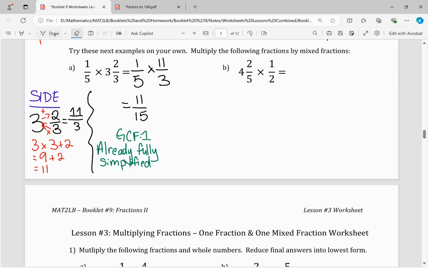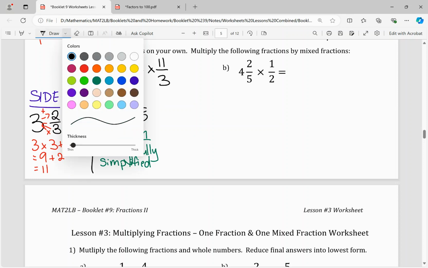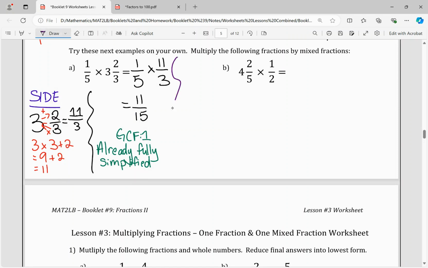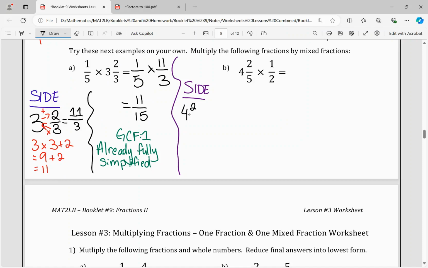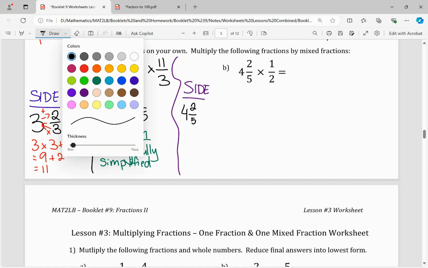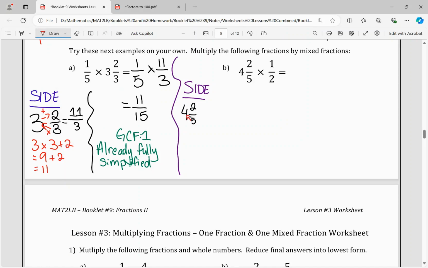Final problem of the lesson. 4 and 2 over 5 times 1 over 2. So on the side, we're going to take 4 and 2 over 5, and we're going to turn that into an improper fraction. We multiply the denominator by the whole number, and we add the numerator.